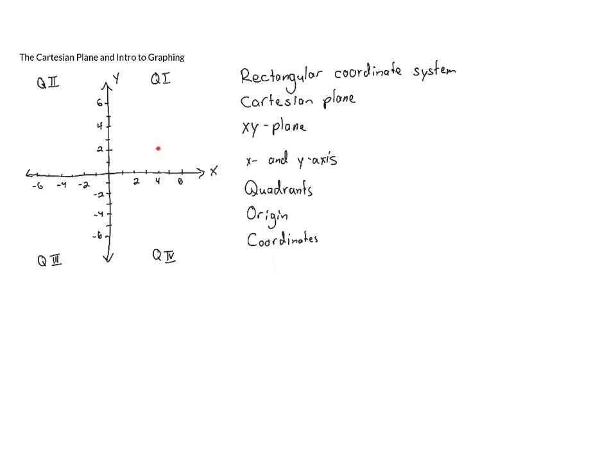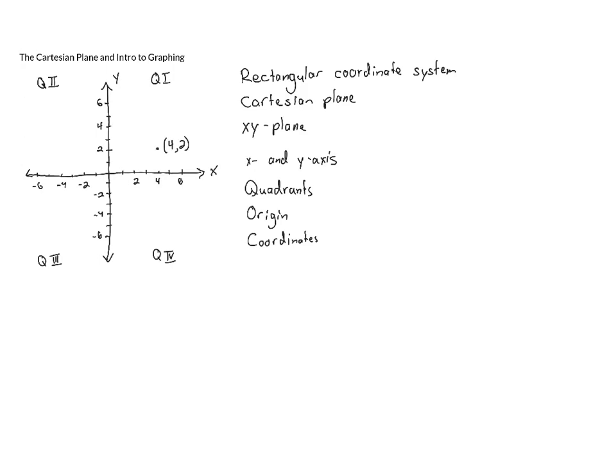So here, the x-coordinate is 4 because it's the same distance to the right as 4 is from the y-axis. We put the x-coordinate first. The y-coordinate comes second. Now, how high is this? Well, if we look to the corresponding place on the y-axis, we go up 2 units. So the y-coordinate is 2. So that point has the coordinates 4, 2.